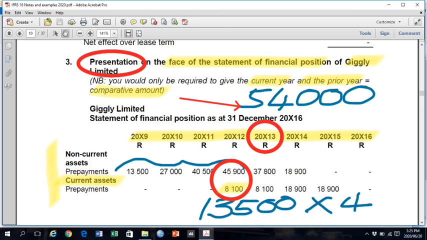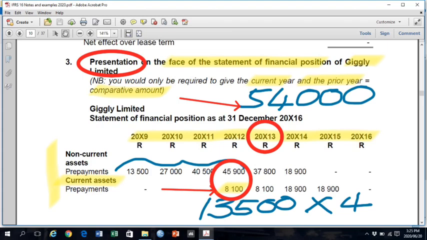But at the end of year 4, you have to present that portion of the balance that will move out of the account in the next 12 months as a current asset. And that's why the 8,100 is presented as a current asset at the end of year 4.